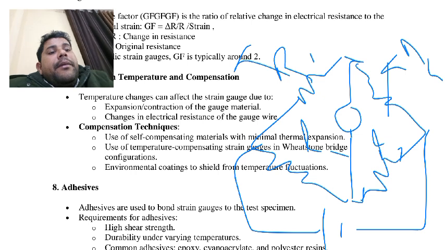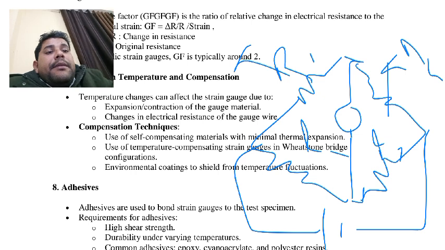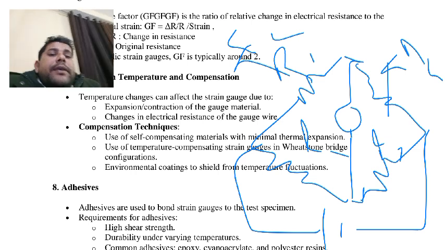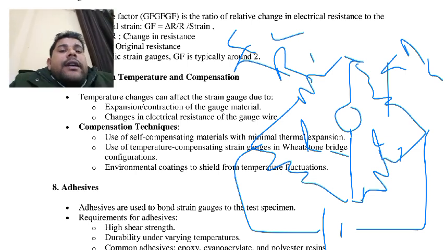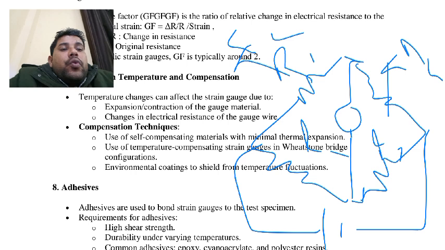This resistance can change, and another strain gauge resistance is used for compensation. In this way, we can do the compensation using the Wheatstone bridge.